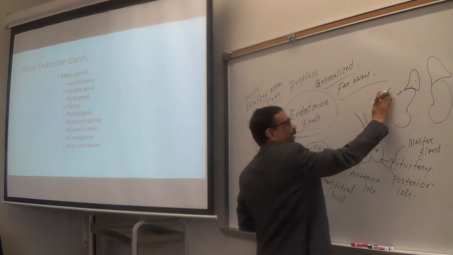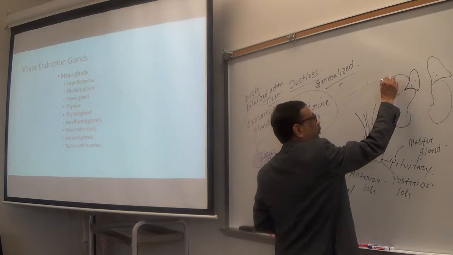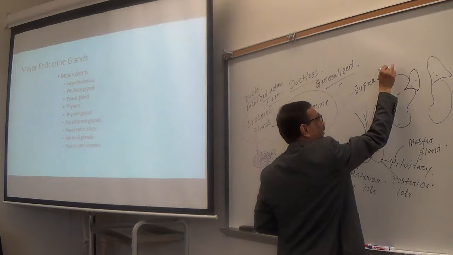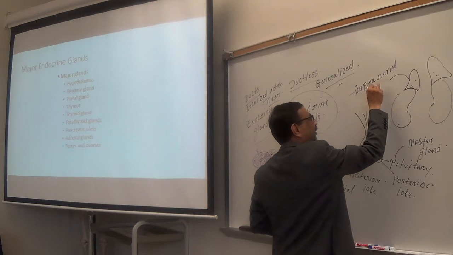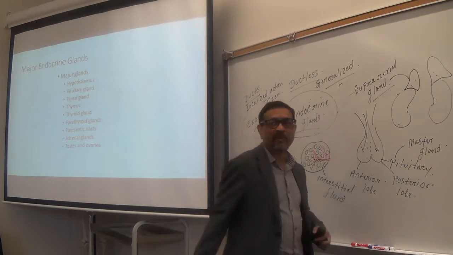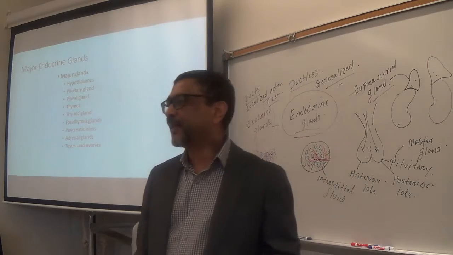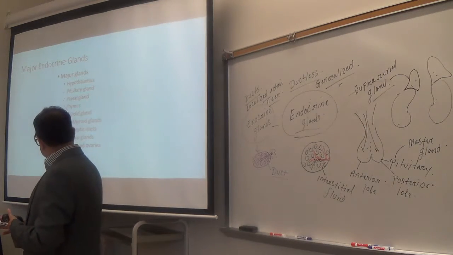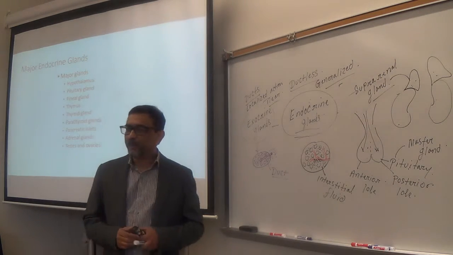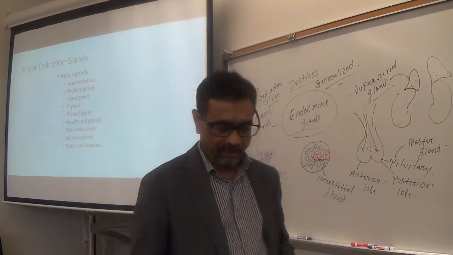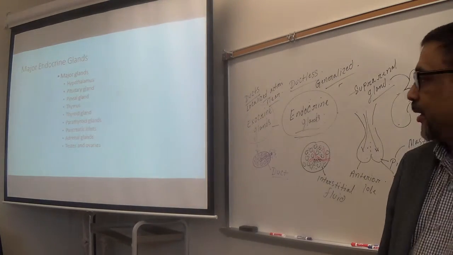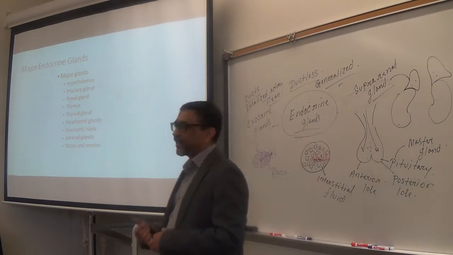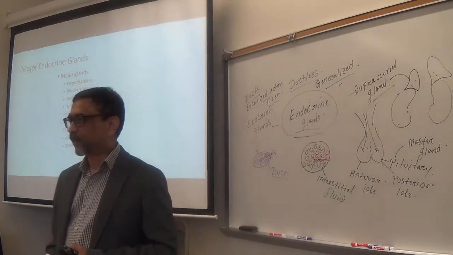That's why adrenal glands are also called suprarenal glands. Supra means above, renal means kidney, sitting on the kidney. So you have two adrenal or suprarenal glands. You have gonads. Gonads are testes and ovaries.